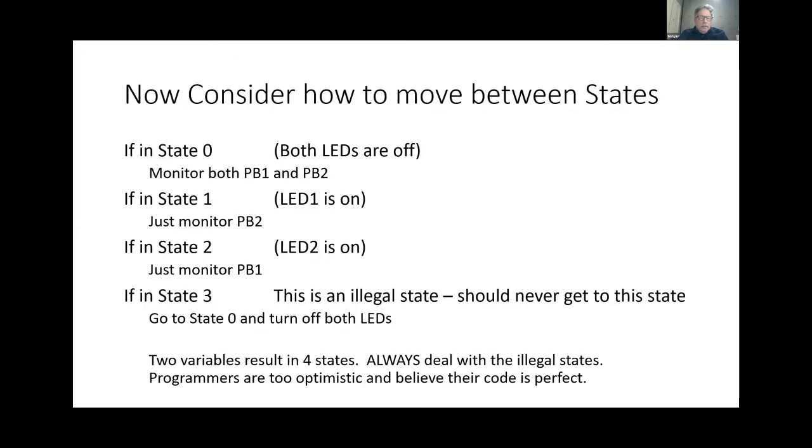And then what I'll simply do is start testing, how do I move between states? I'll say, if I'm in state 0, that's when both LEDs are off, I'll actually look at both press buttons 1 and 2. If I'm in state 1, that's LED 1 is on, I'll only look at press button 2.